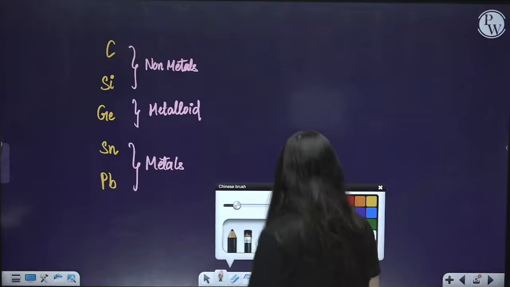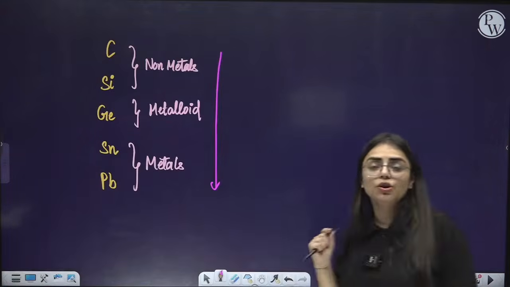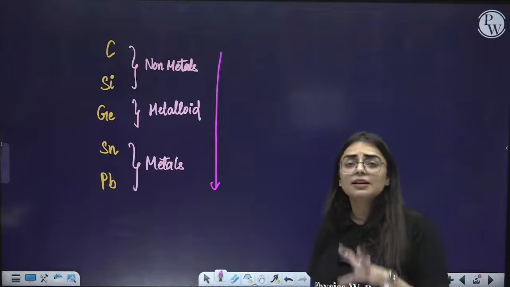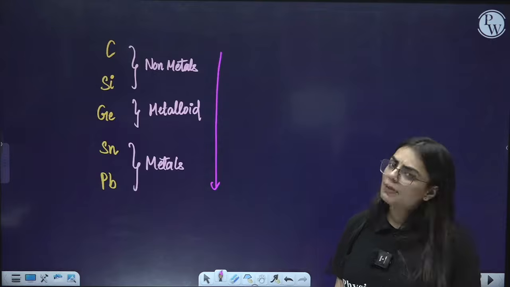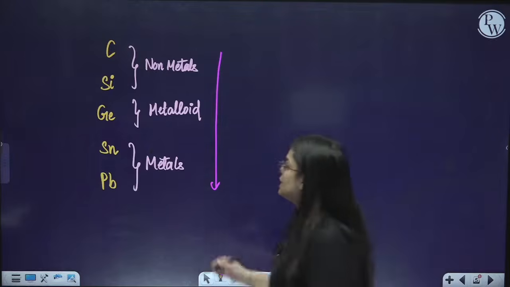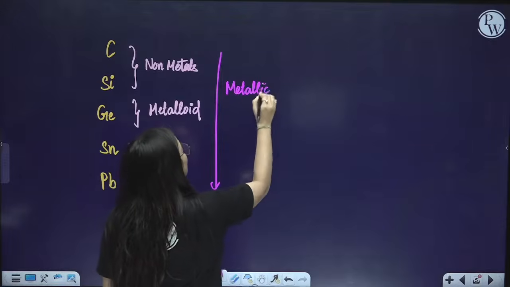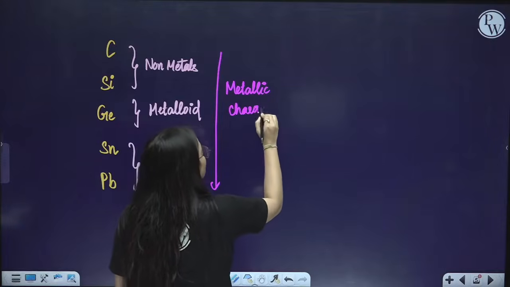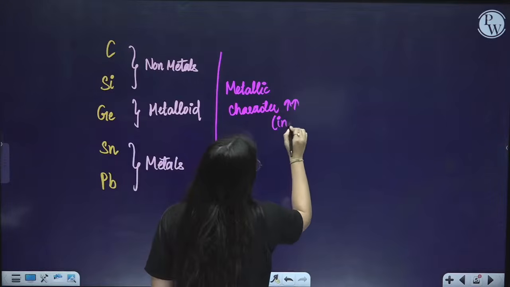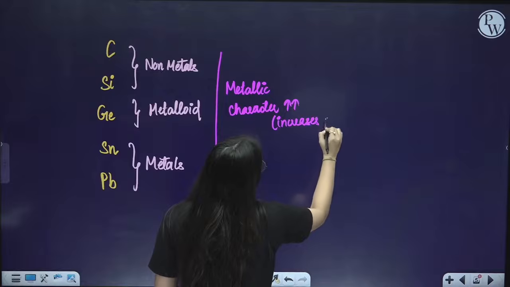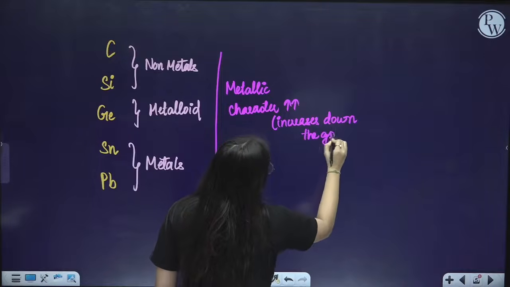Now, in all of these, metals, non-metals and metalloids, if I talk about the trend from top to bottom, you can clearly observe that metallic character is going to increase and non-metallic character is going to decrease. So metallic character, students, increases down the group.